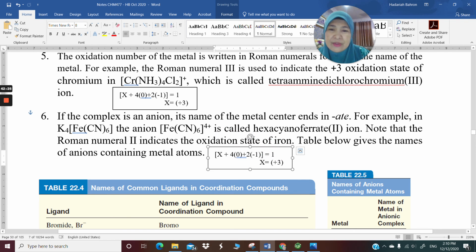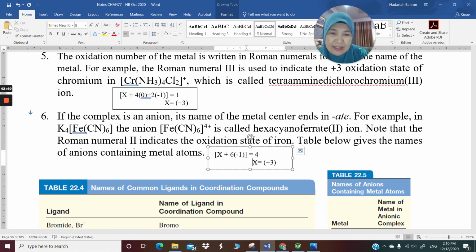So x plus 6 times minus 1, this is x, this is 6 minus 1 is equal to minus 4. So your x is equal to plus 2. Yep, x is equal to plus 2.